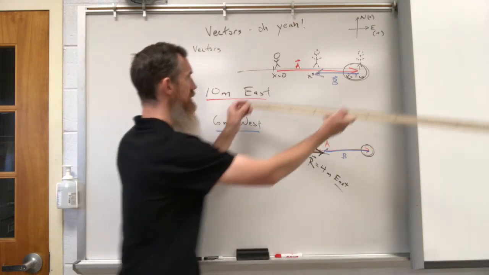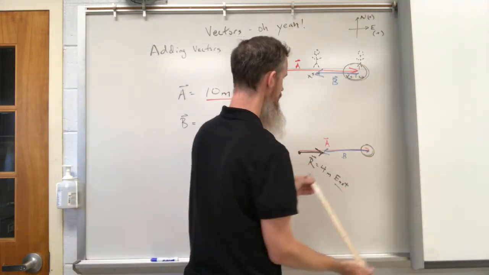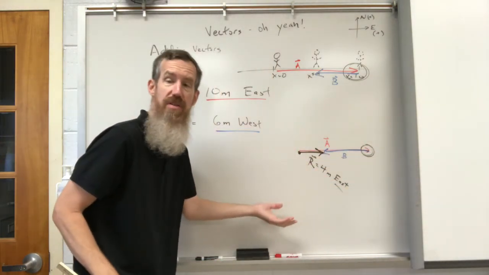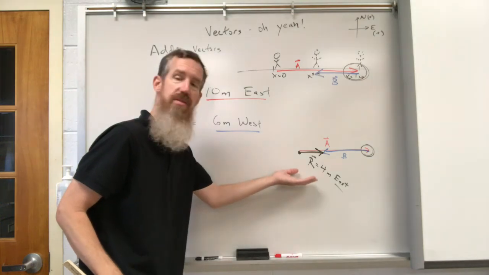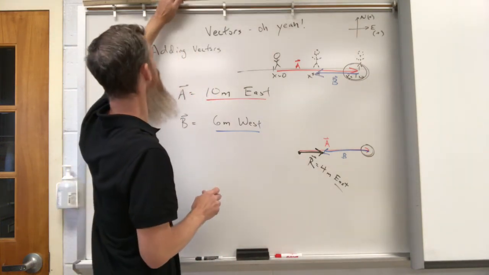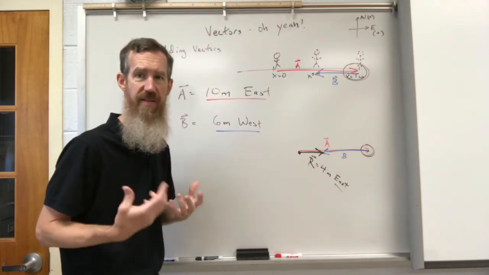I could have drawn this as worth 10, I could have drawn this as worth 6, put them together, and then if I measure this resultant, it should be equivalent to the 4 units. This addition, this is what we call graphical addition, and it's done head to tail.